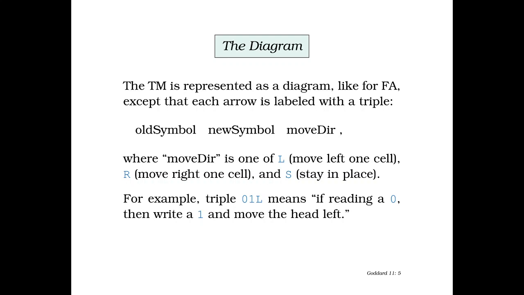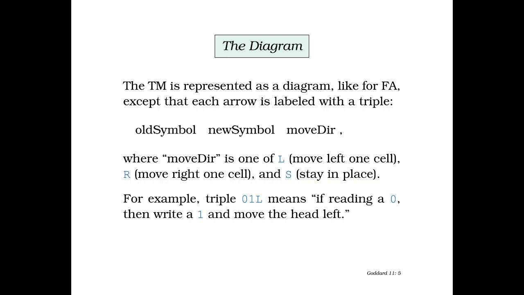Why? Because it has to tell us two things: the change in the symbols, and the move direction. The change in symbols is represented by the old symbol, followed by the new symbol, followed by the move direction.